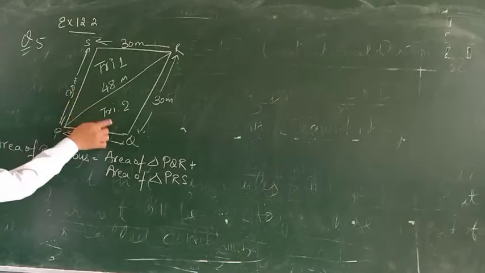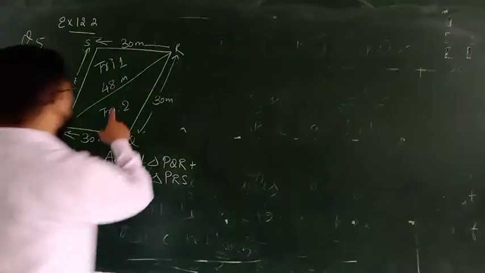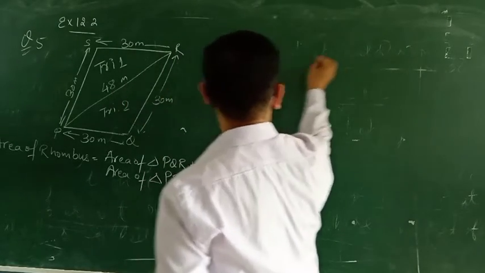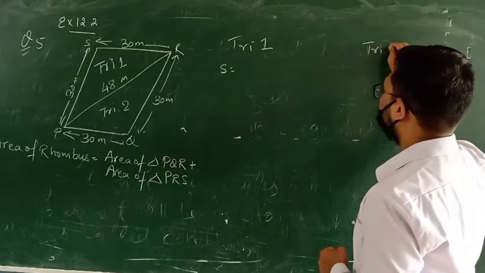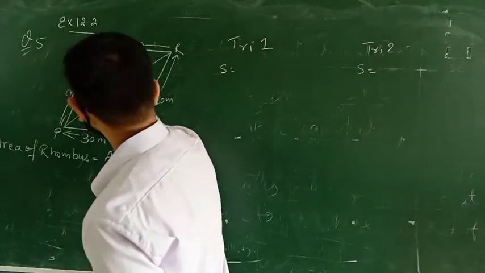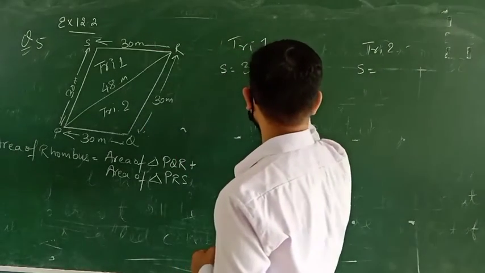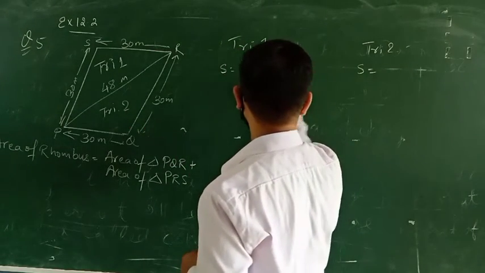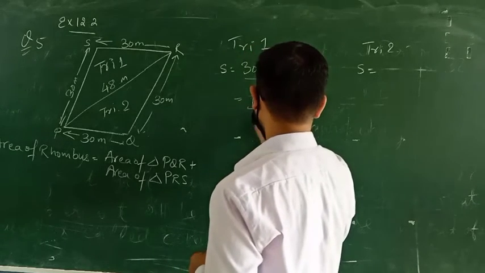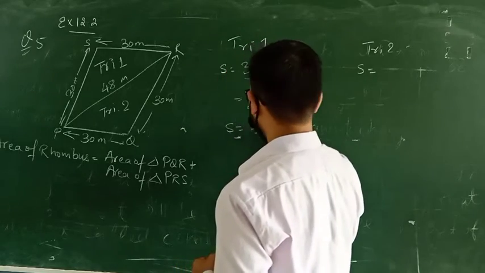So now can you calculate the area of these two triangles using Heron's formula? First I calculate the value of S for triangle 1 and for triangle 2. For triangle 1, 30 plus 30 plus 48 divided by 2. That is 108 divided by 2, so the value of S is 54 meters.